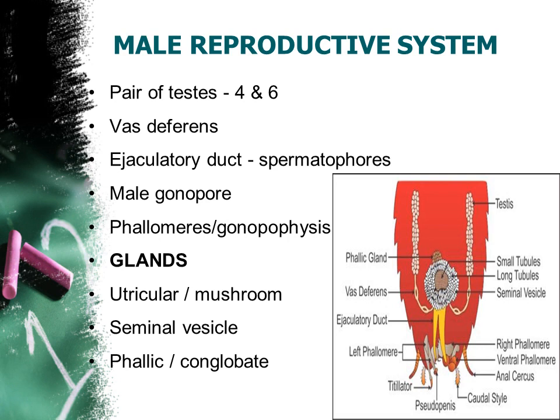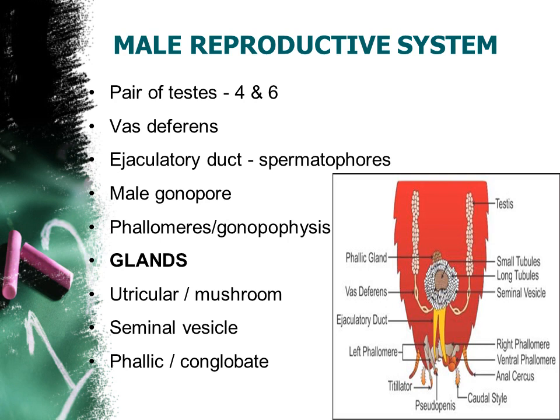The testis is a three-lobed structure: 1, 2, 3. Each testis consists of three lobes, located in segment number 4, 5 as well as 6.